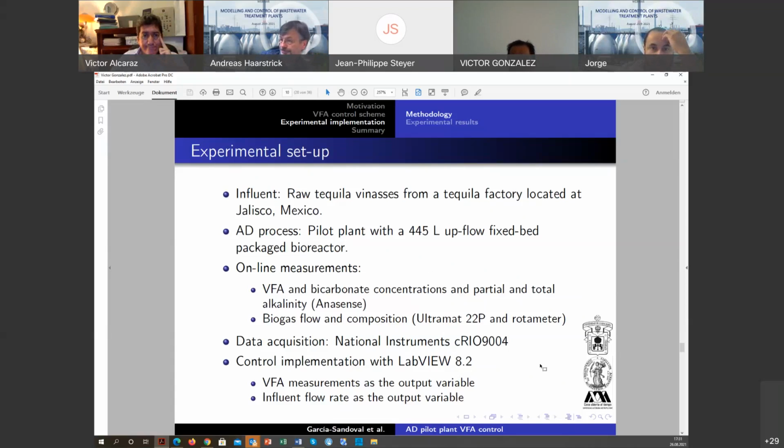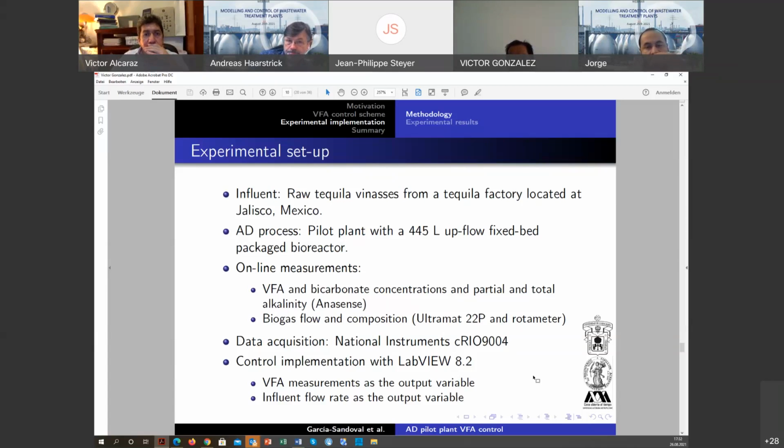We use a standard data acquisition system, and we connected the system to a computer using the LabVIEW setup. In this particular case, the output feedback controller aims at minimizing the volatile fatty acid concentrations.